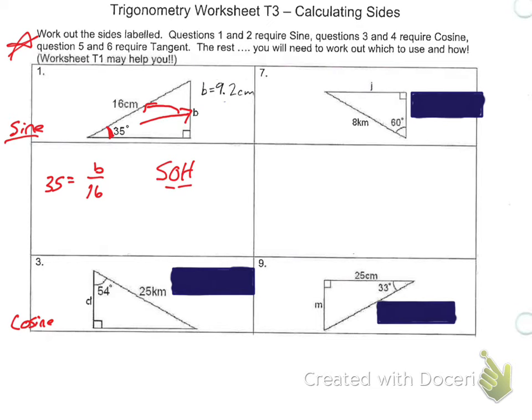So in my calculator, and I'll just put this right here. Remember, I have to do sine. So sine 35. So I'm going to do that in my calculator. I'm going to type sine 35, and I'm going to get 0.57357. I know that I am going to have to multiply 16 by both sides in order to get B.